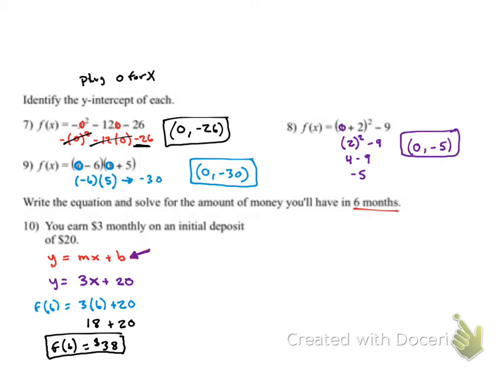And it's something you can kind of do without having a formula as well to double check it. So if you deposit $20 and then you earn $3 monthly, so that's first month will be 23, second month 26, 29, 32, 35, and 38. So double check your work.